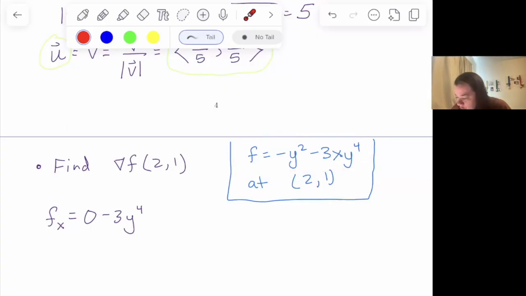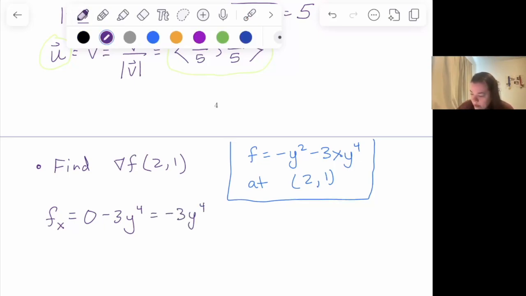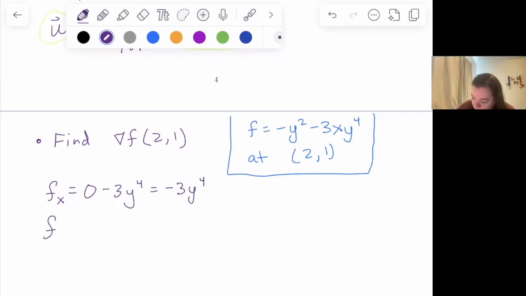Just checking to make sure I don't have any errors. We don't obviously need to put that 0, so I'll just clean it up. Let's find the partial derivative with respect to y now. Again, we're doing that of the original function f. We're taking our partial derivatives, treating x as a constant, treating y as a variable. Awesome. So there is our gradient.